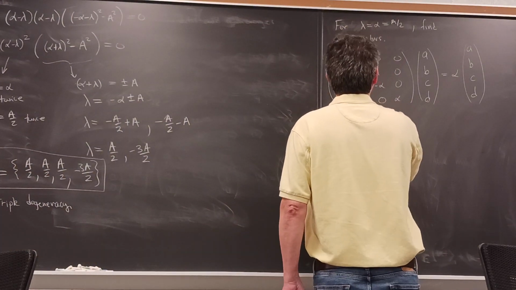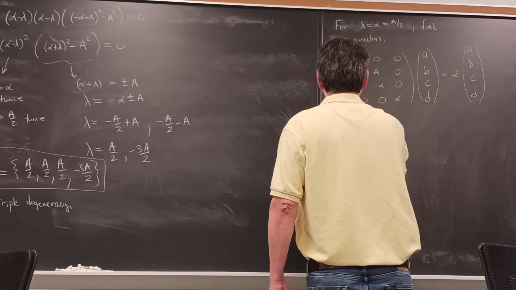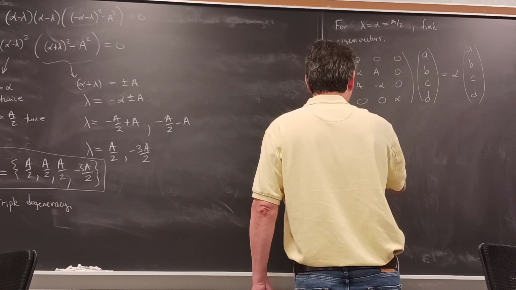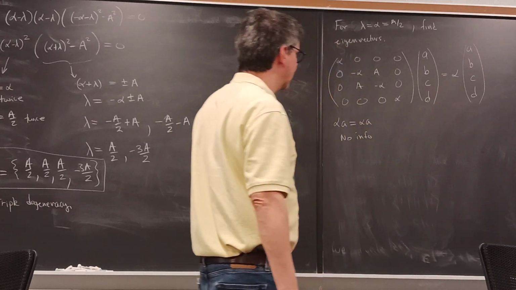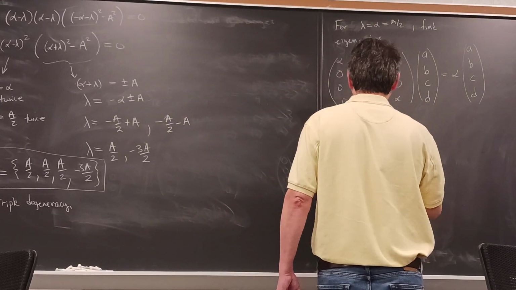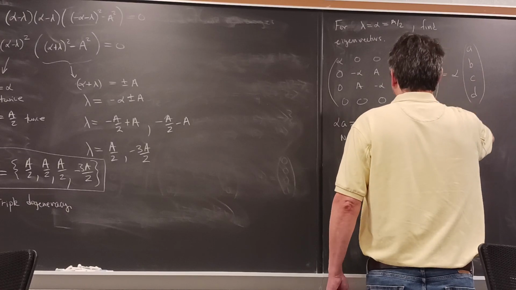So the top line, we have alpha a equals alpha a, so there's no info there, and there's no info in the bottom line because that's just alpha b equals alpha d. So we can maybe only get something from the middle two lines here.